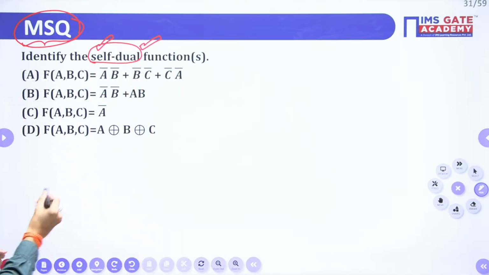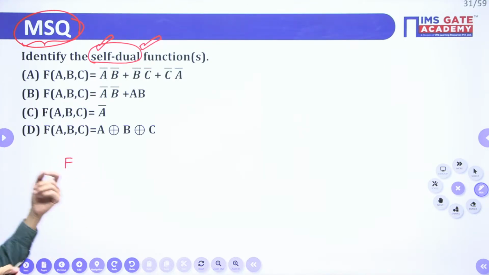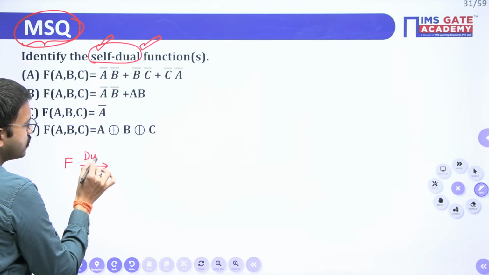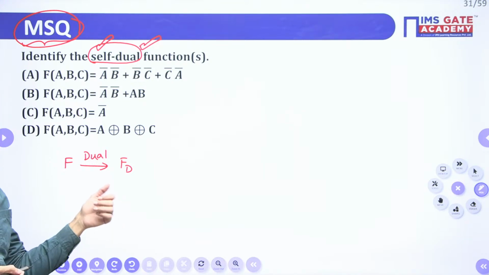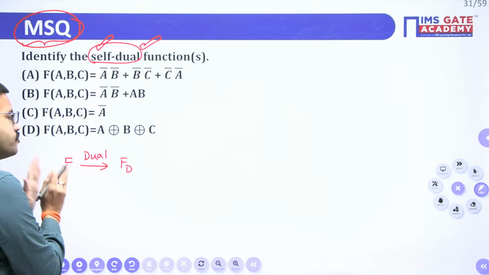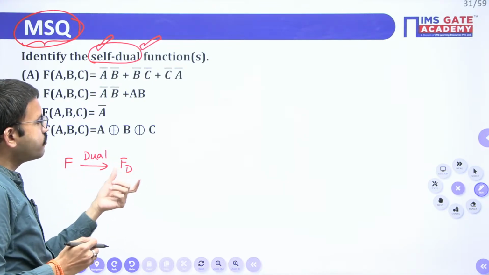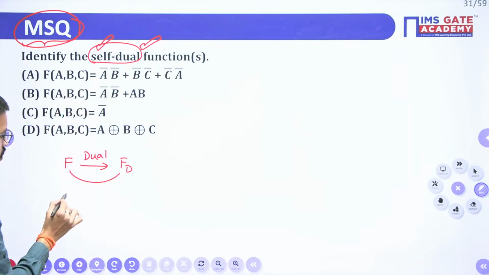That means, for example, whatever the given function f is, for that function if you apply dual, then that one I am labeling as f suffix d, where d stands for dual. Now whatever the original function you are having, after applying dual, if both are same, then we will call it self dual.